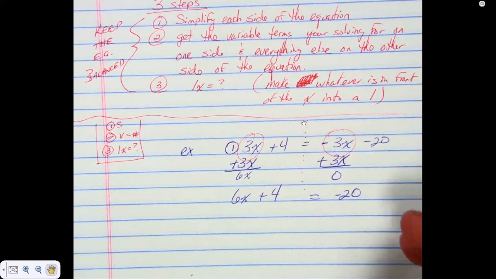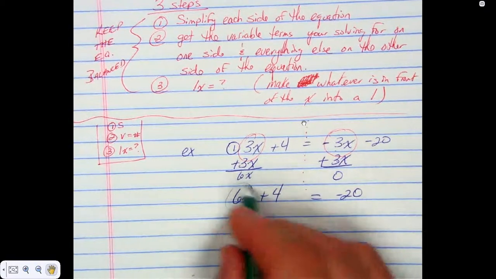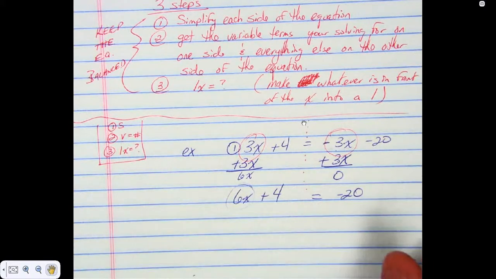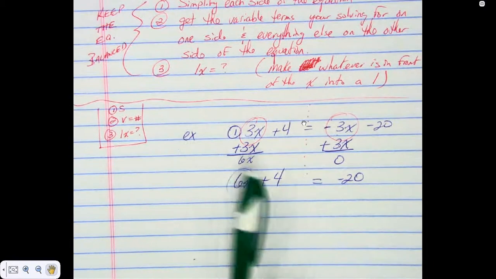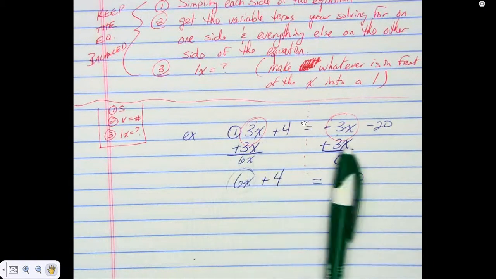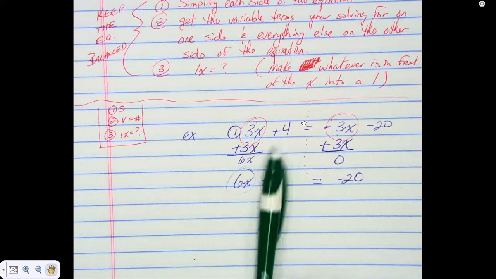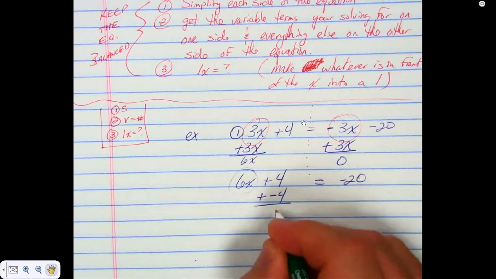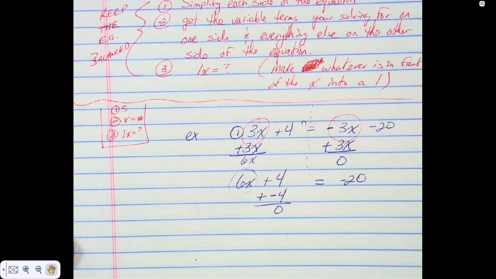What is my next step? There's my variable term I'm solving for. I still don't have variable term on one side, everything else on the other, do I? What needs to not be there, the 6x, the 4, or the negative 20? I add the opposite. Add a negative 4, because that makes it 0.